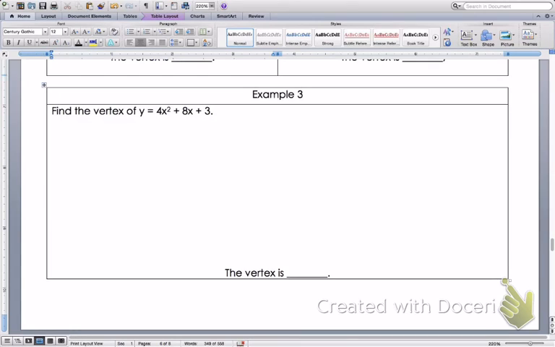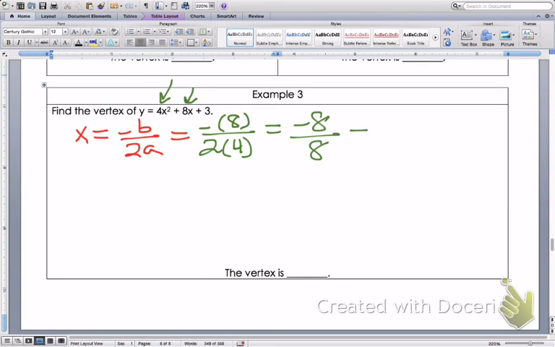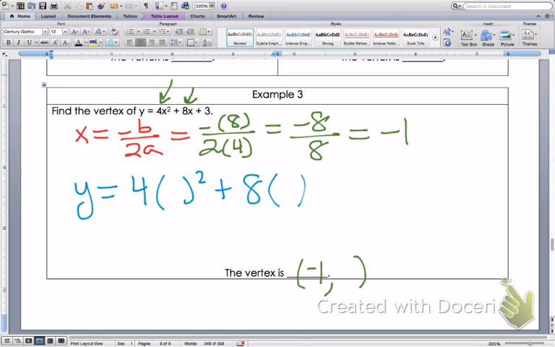All right, here's example number 3. Let's repeat the same thing. Start with our equation. x equals negative b over 2a, which is, again, a piece of the quadratic formula without the square root. Let's plug in the b value, which is 8, so it's negative 8, all over 2 times a, which is 4. So we end up with negative 8 divided by 8, which simplifies to negative 1. So that's the x value of our vertex. The y value would be from plugging it back into the equation. So 4x squared plus 8x plus 3.